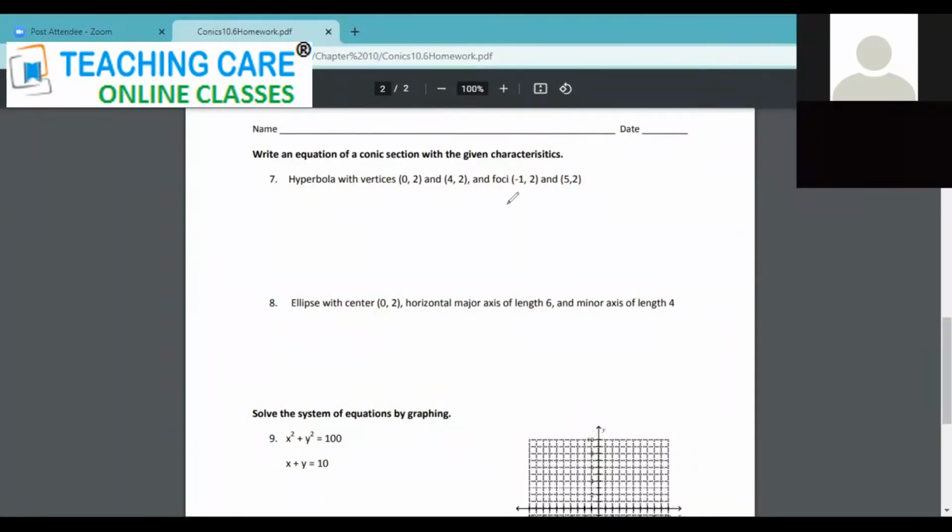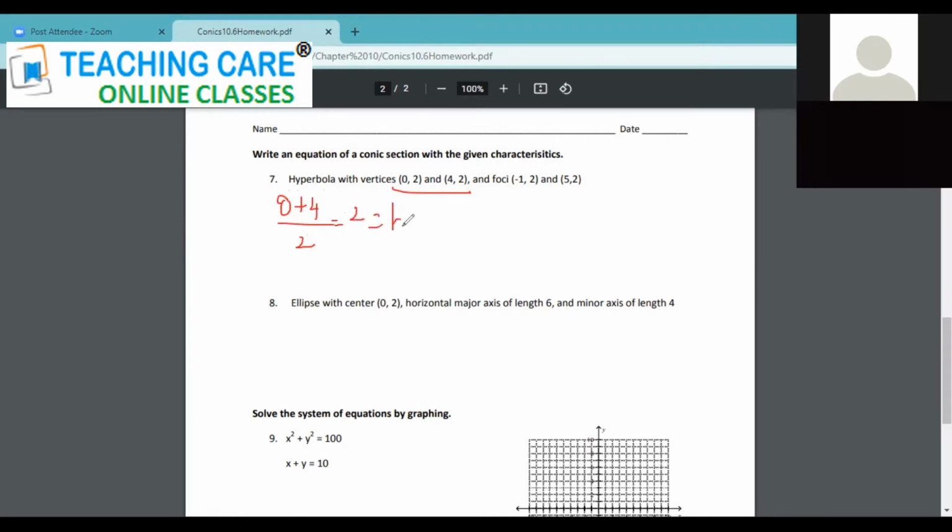Okay. See, they have given us the vertices and the foci. From this, first we will make out what our C is. I have already told you, you just find the midpoint of the given points and you will get your H and K values. So 0 plus 4 divided by 2 is 2.